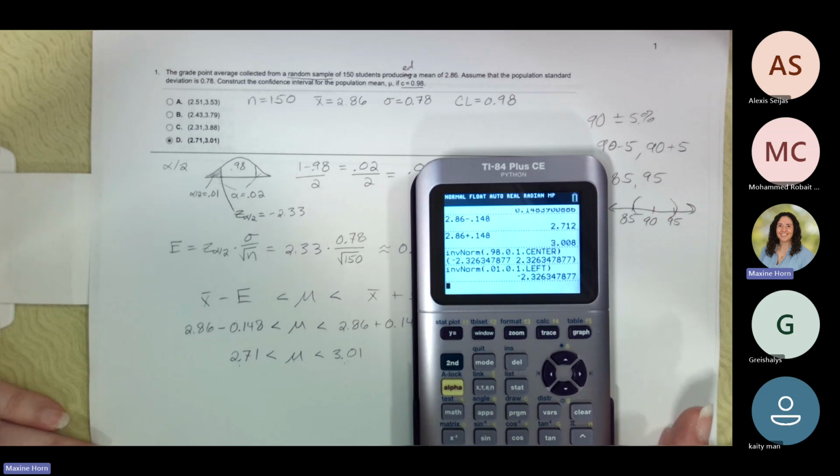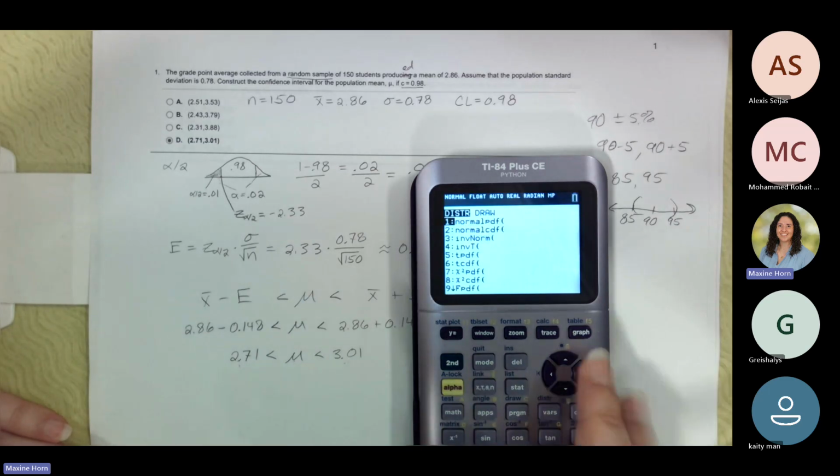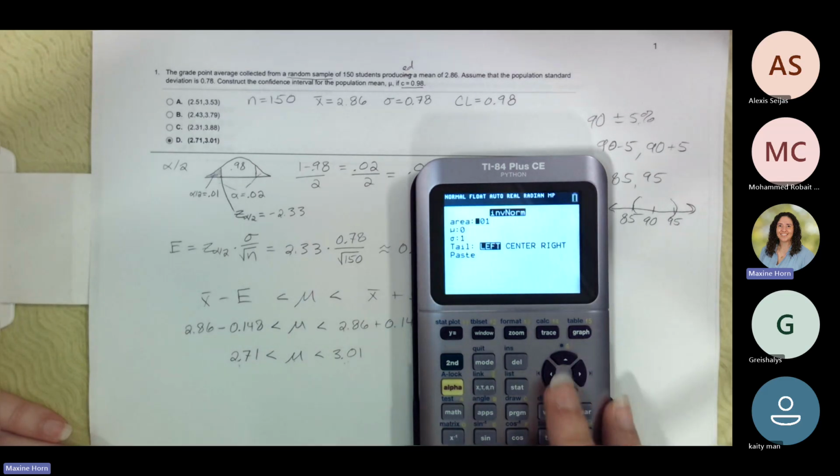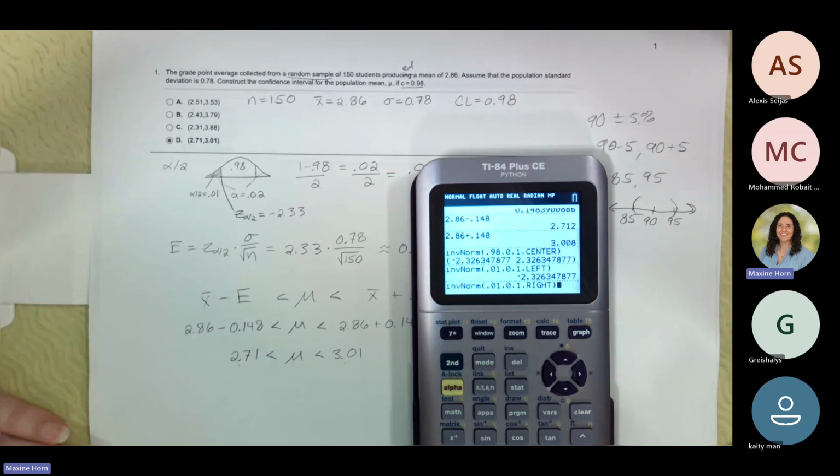And then if we paste that, we're getting the negative z-score. So what do you think is going to happen if we do this again, but we tell it that this is the area to the right of the z-score that I want you to find? We're getting the positive, right?